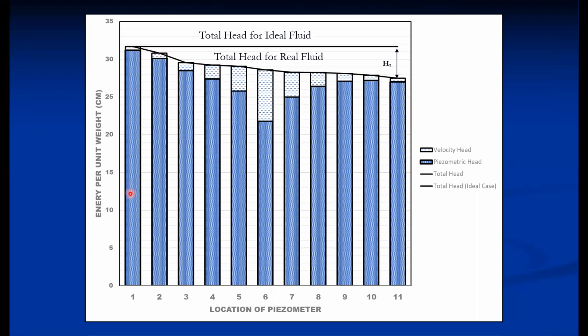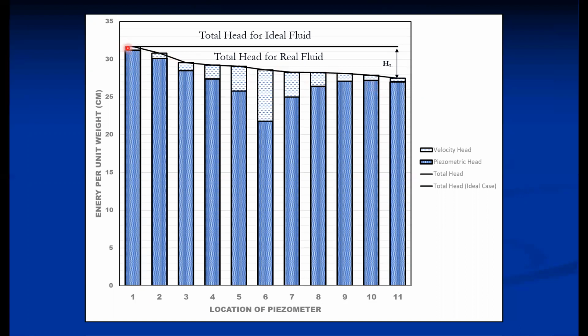The line joining the total head, that is piezometric head plus velocity head, at the respective sections is called the total head line. So this is the total head line for a real fluid, and this fall in energy is because the fluid flowing is a real fluid.